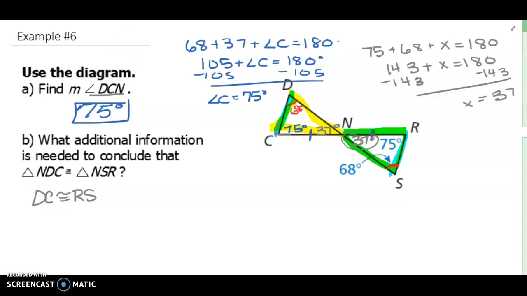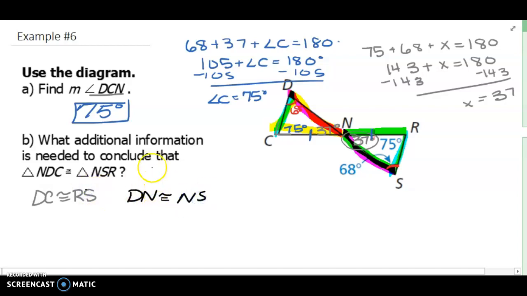And I would also need to know that last side, so I'd also need to know that DN is congruent to NS. And after I would know those 2 things, I could tell you that these 2 triangles for sure are congruent.